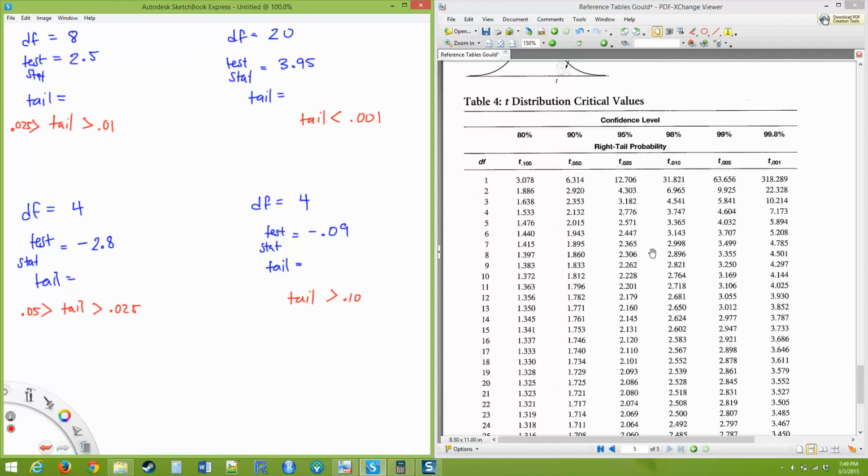All right, so these are our answers. The first one, our test statistic is 2.5, right?